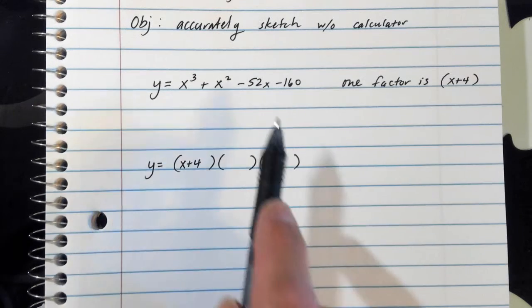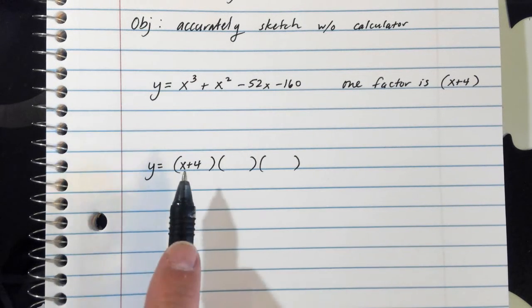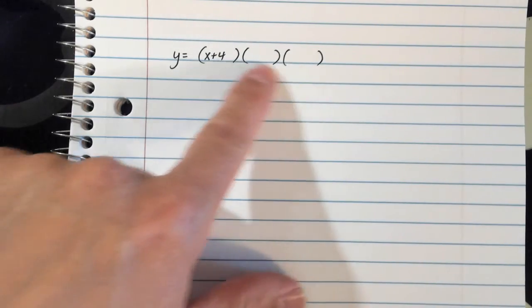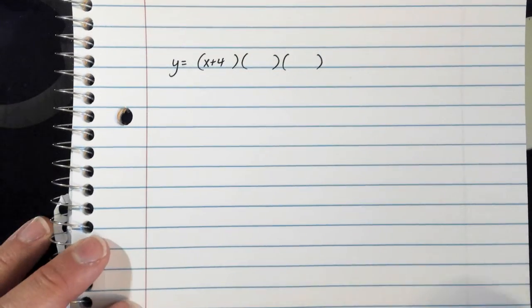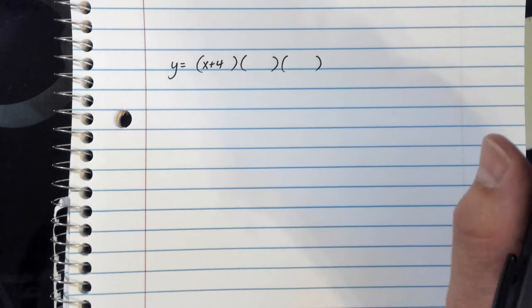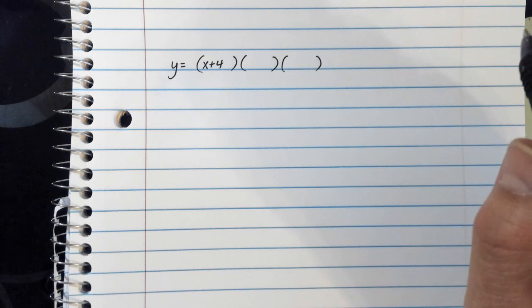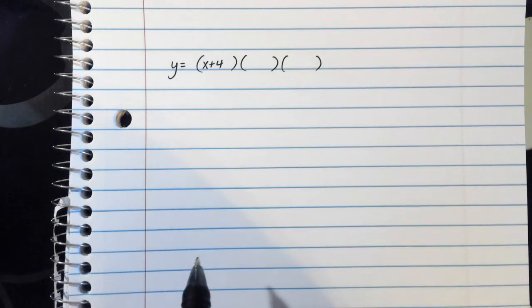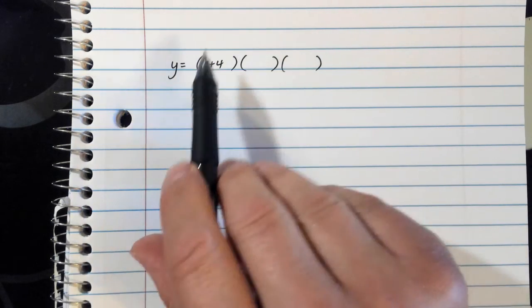So we're going to divide this function by this factor and figure out what those two factors are. We got a lot of options here. We could use long division to divide this by this. We could use synthetic division to divide this by this.